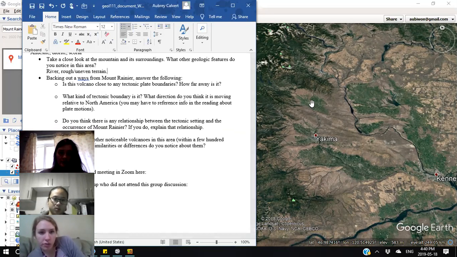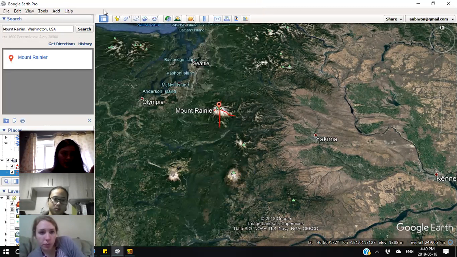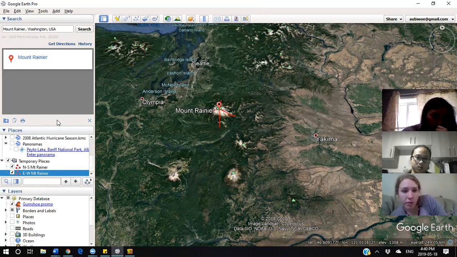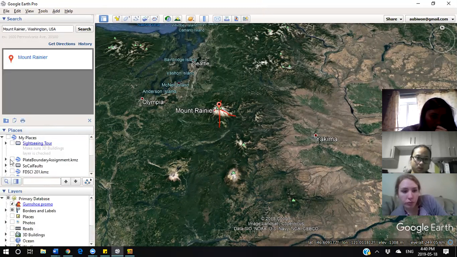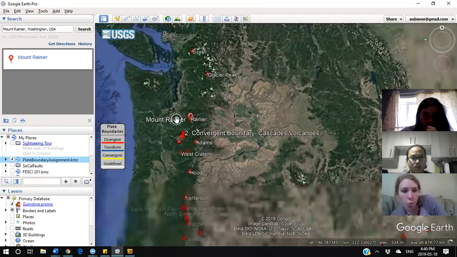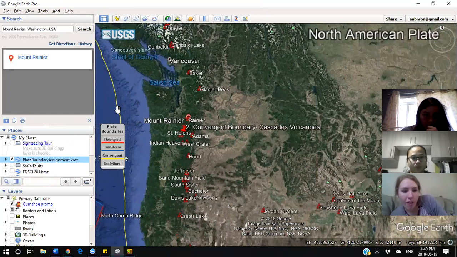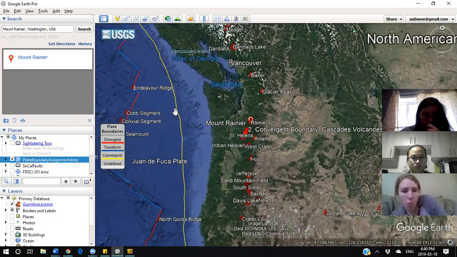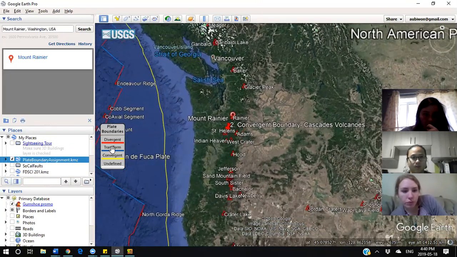Back out a ways from Mount Rainier and answer the following. Is it near plate boundaries? It's right near the oceanic plate, Juan de Fuca. Convergent plate boundary.